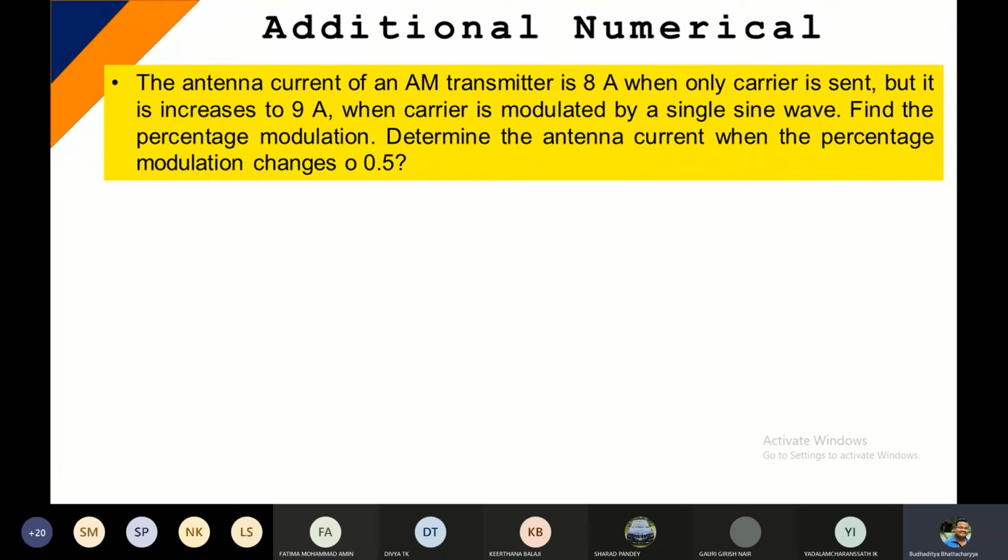You please tell me how to proceed in solving this particular question: the antenna current of an AM transmitter is around 8 ampere, but it increases to 9 amps when the carrier is modulated by a sinusoidal wave. Find the percentage of modulation. Determine the antenna current when the percentage of modulation changes to 0.5. There is a 2 missing over here. This will be a 2 over here.